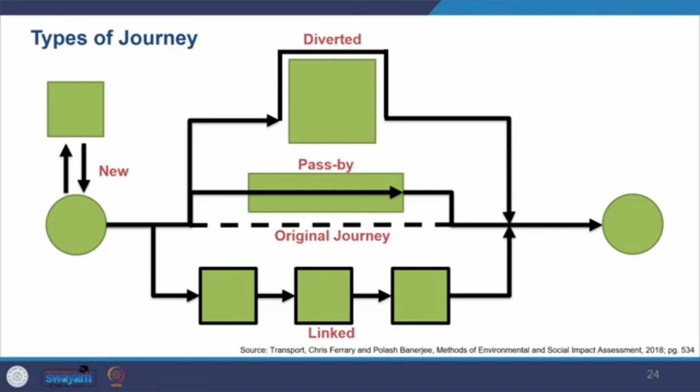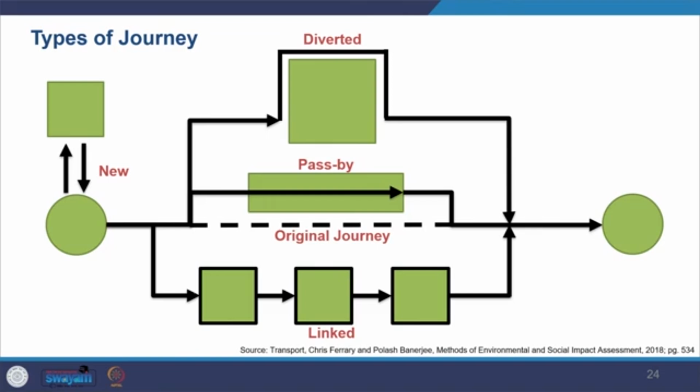And then another term is pass-by trips. Pass-by trips are made as a part of another journey. There's another journey going on, and with that you make a pass-by trip. Like when you're going from your work to your home, you halt at certain places. That's called pass-by trips.